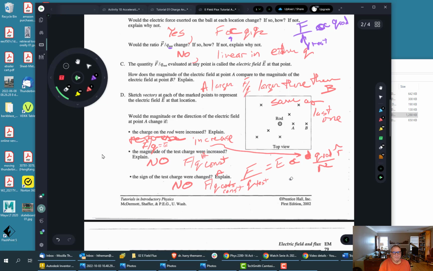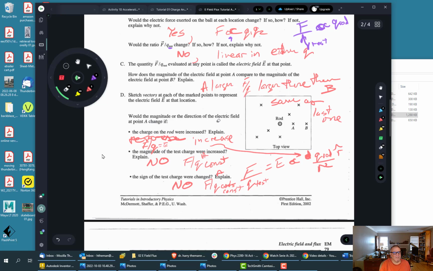So F over Q test is proportional to Q rod, and of course we need the r hat over r squared. So if I increase the charge on the rod, yes, E is going to increase. What about the magnitude of the test charge? No.